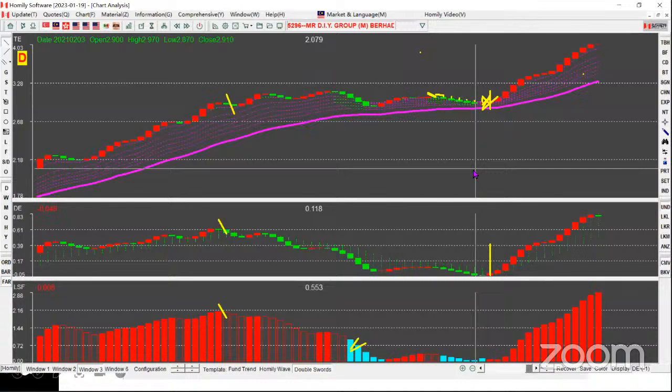I don't quite understand. You mean whether to enter on the 60-minute chart or 30-minute, 15-minute? Normally we recommend the 60-minute, as it's not very fast. Maybe you need to hold 1, 2, 3 days.